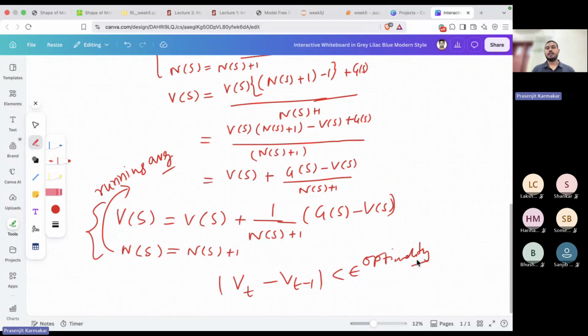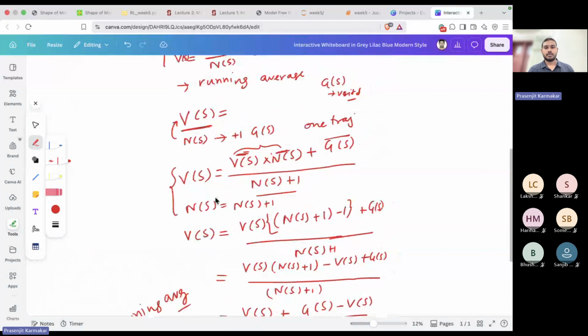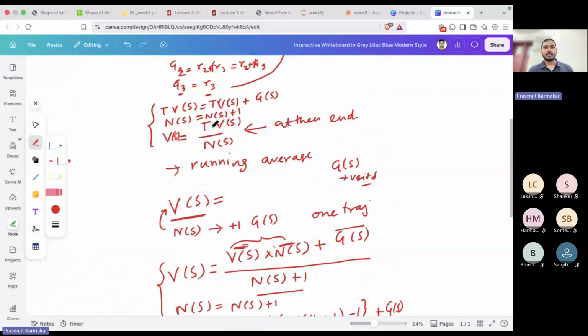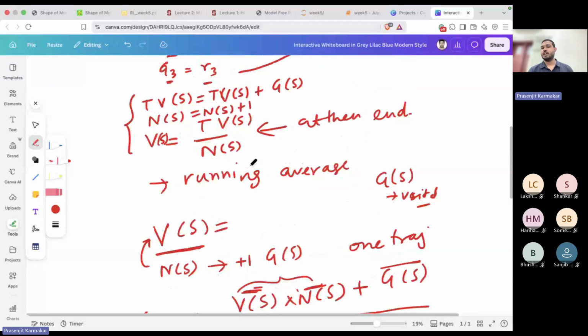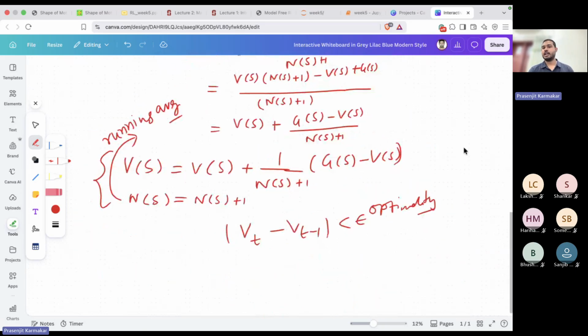Earlier, we needed to collect a huge amount of data. Then if I want to check for optimality, I have to go again, collect a huge amount of data and check for optimality, right? Because the value was not updating. Last time we were basically replacing V with the current value, so it has nothing to do with the previous value function. We cannot even check for optimality because we lose track of the previous value. But here we are actually updating the previous value from the current value itself.